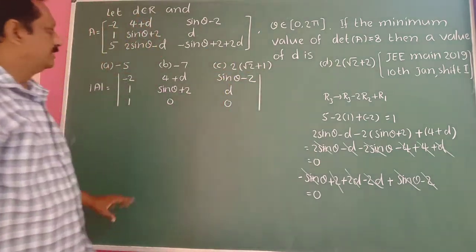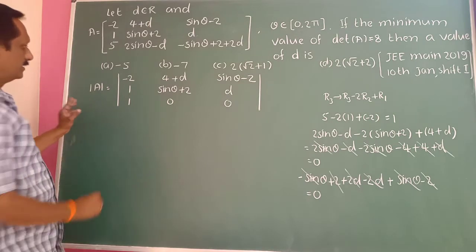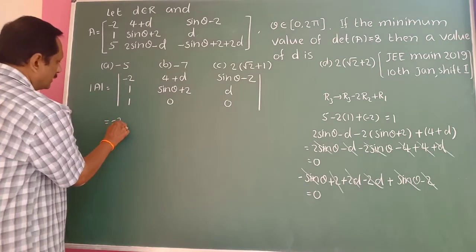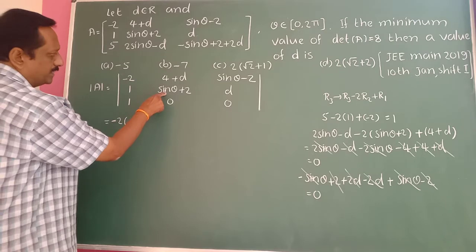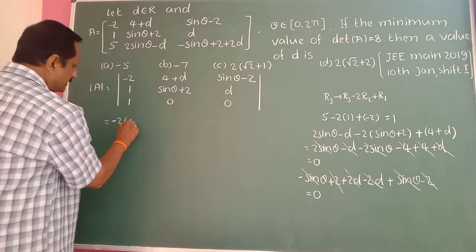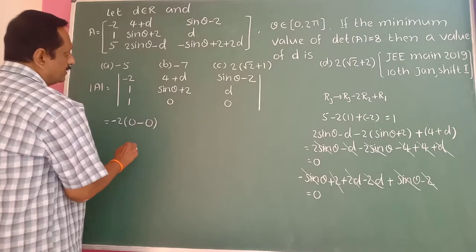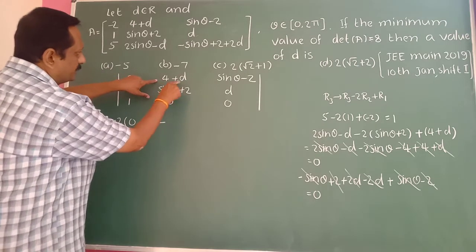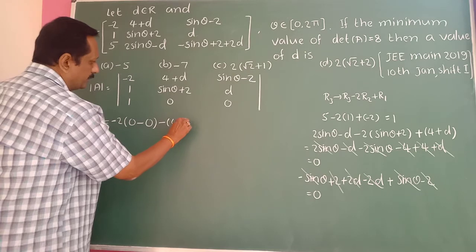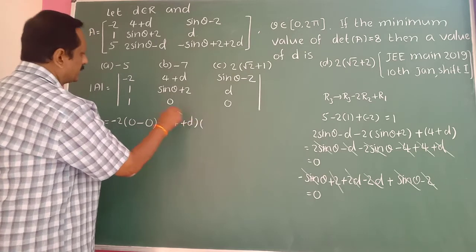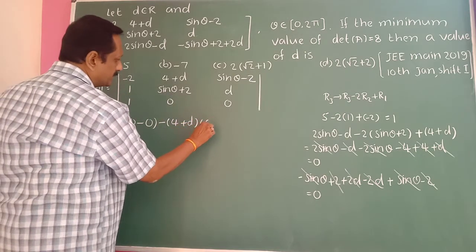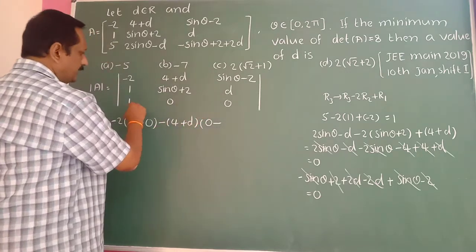Okay. Then expand this determinant here. Therefore this equal to minus of 2 into bracket, sin theta plus 2 into 0 becomes 0, minus 0 into d becomes 0. Then minus of 4 plus d into bracket, 1 into 0 becomes 0, minus of d into 1 becomes d.